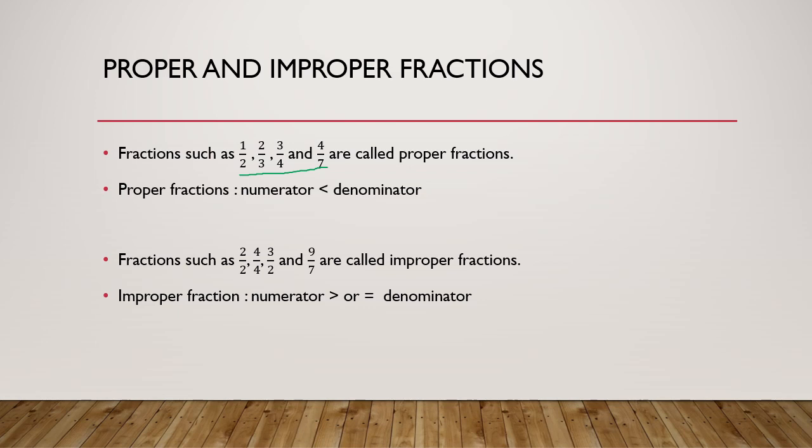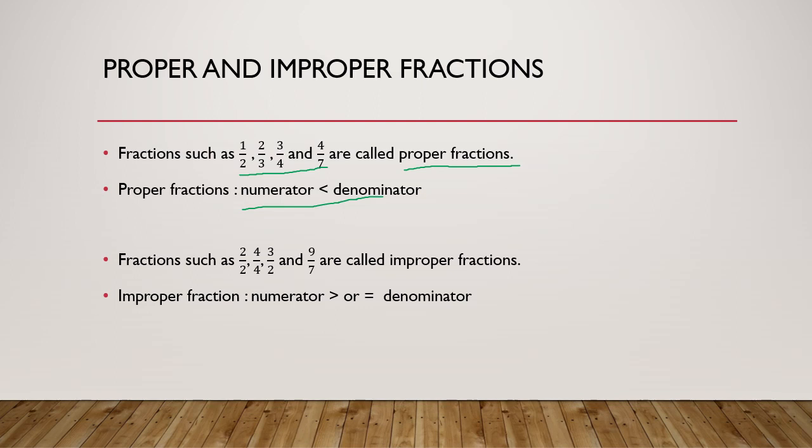They are having numerator smaller than their denominator. In all these fractions, the numerator is smaller than denominator. That is why we call them proper fractions.